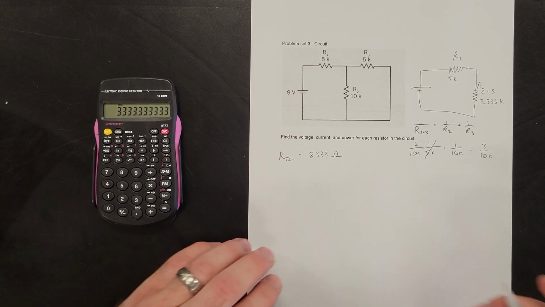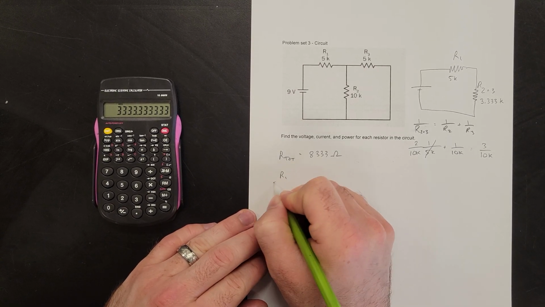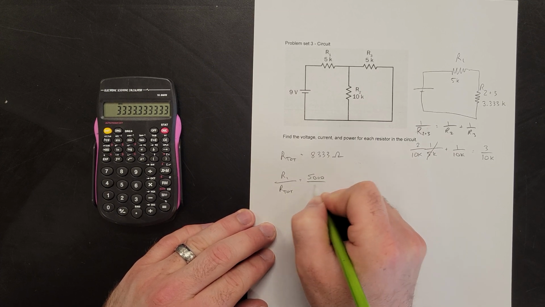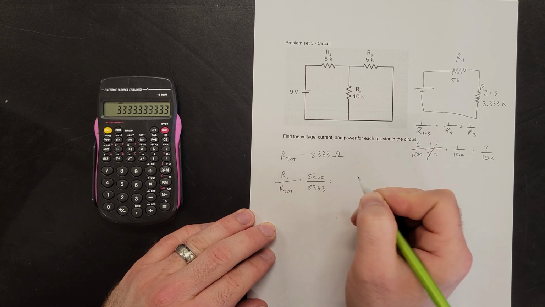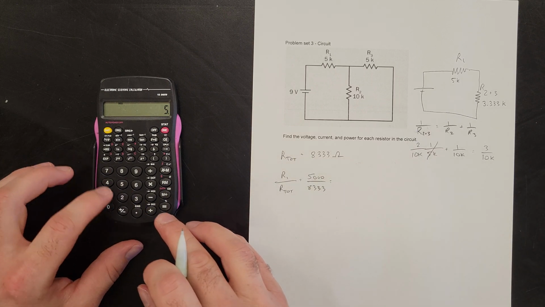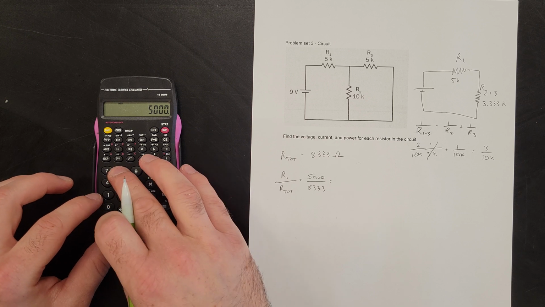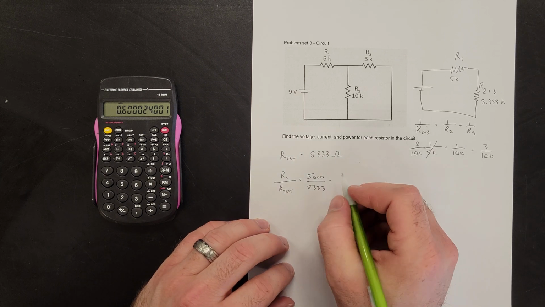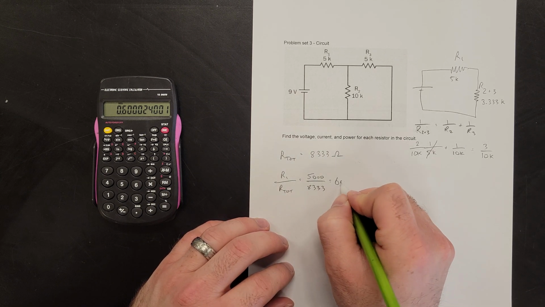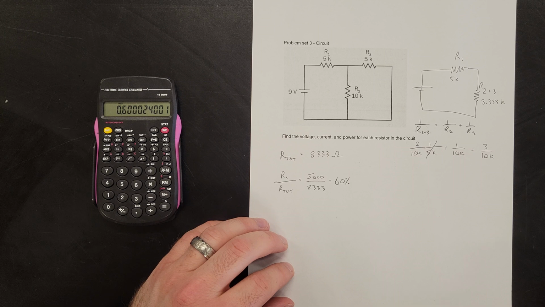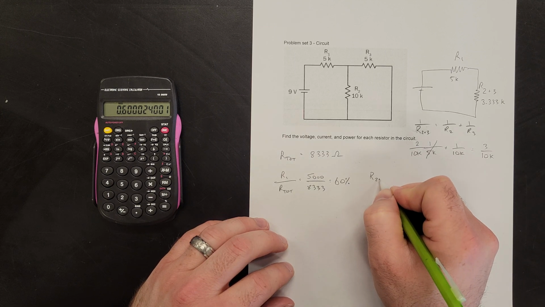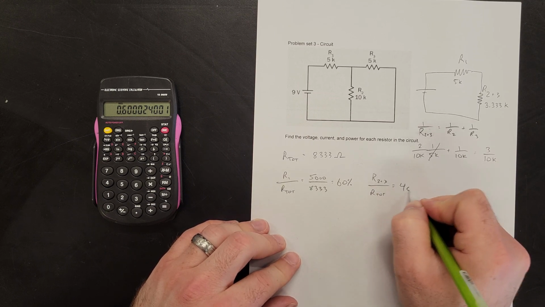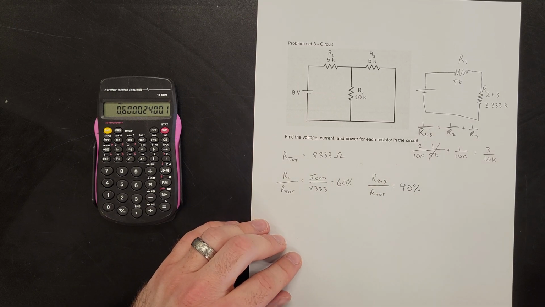Okay, so that means that resistor 1, out of the total resistance being 5,000 out of 8,333, is about 0.6. And resistors 2 and 3 out of that total, well, they just have to be 40%. It's the only percentage left for them.